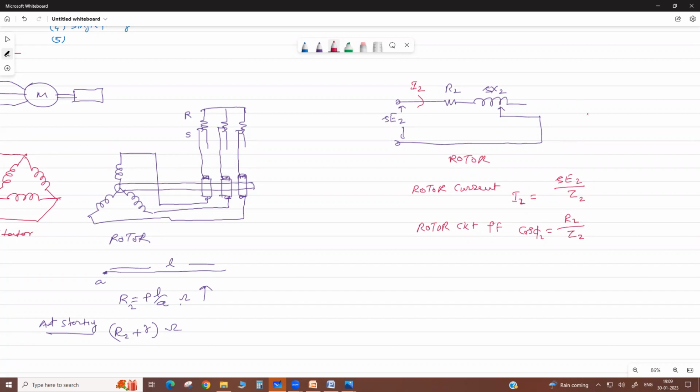Suppose this is your rotor resistance R2, this is reactance X2, and this is impedance Z2, with angle phi 2. Then cos phi 2 is R2 by Z2, where Z2 is the impedance, square root of R2 square plus X2 whole square. Any doubt?